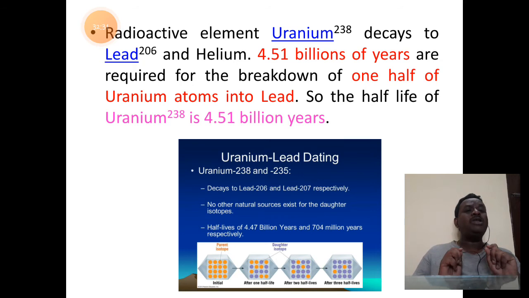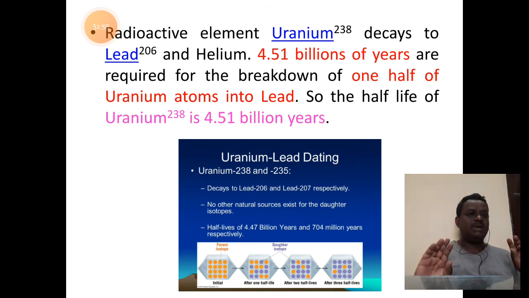Around 4.51 billion years are required to reduce half of the uranium atoms to lead-206. So this acts as the half-life period. What is the half-life period of uranium-238? It is 4.51 billion years, because that is the time during which 50% of the original number gets reduced.